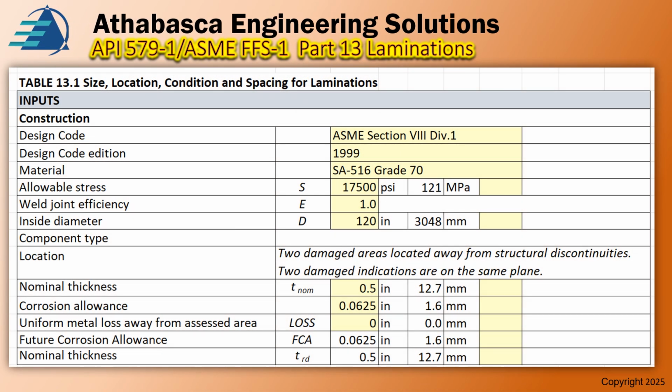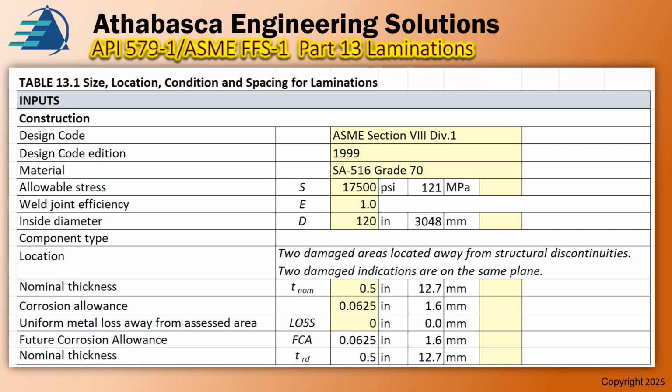In Part 13 in the appendix, they have Table 13.1, and this is how they recommend to organize the information from the inspection report to do the calculation. All of the abbreviations follow API 579-1 exactly, so that everything is reproducible and comparable. We've already reviewed the design code, the edition, the materials, and the allowable stress is organized.